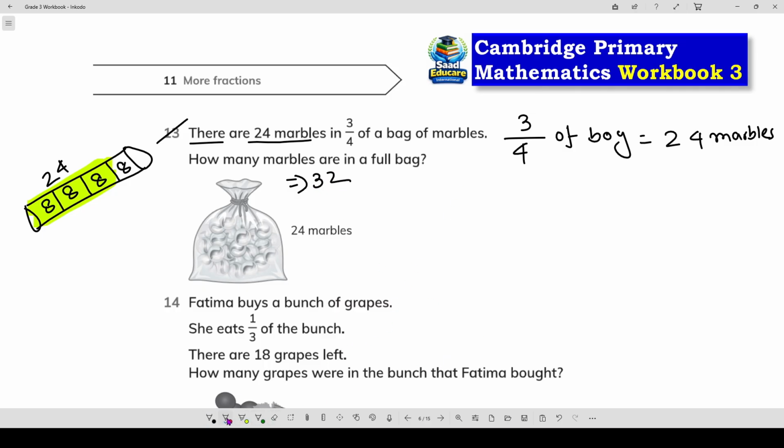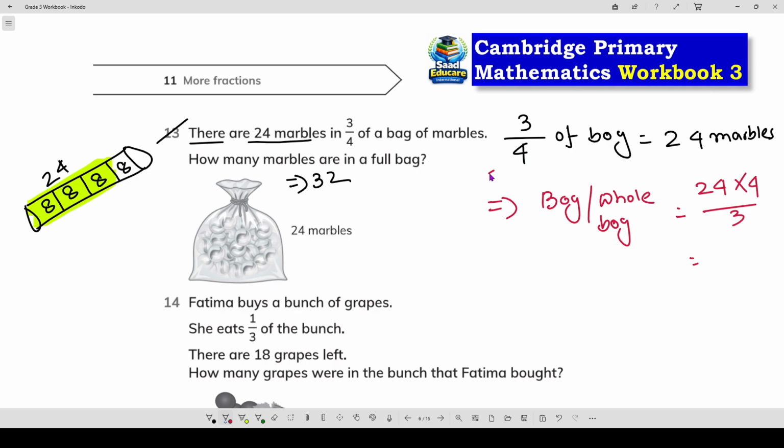Now let's say 3/4 of the bag is 24. So we can say the whole bag equals 24 times 4 divided by 3.